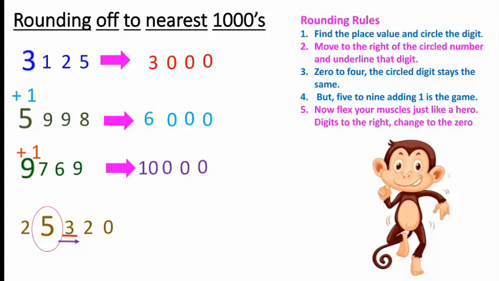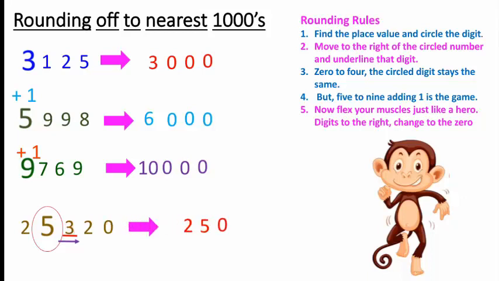If this underlined digit is less than 5, what do we do? There will be no change in the circled digit, and the rest of the digits before the circled digit will be written as it is. Understood? So you can see here 2 has been written as it is, and the circled digit is also written as it is, and the rest of the digits will become 0.